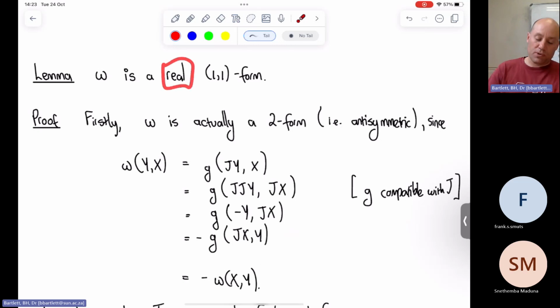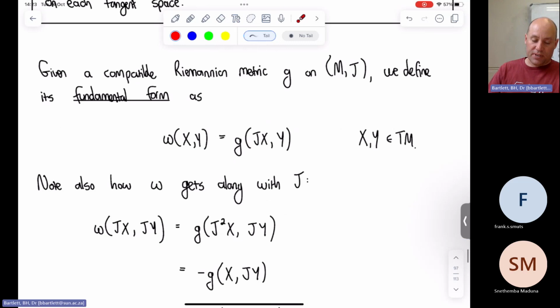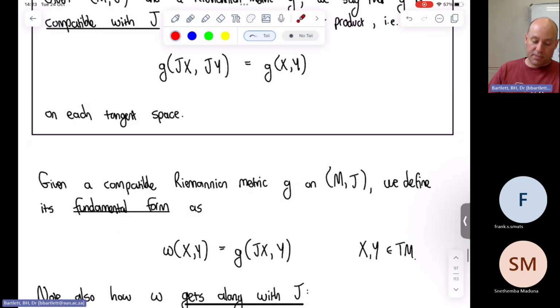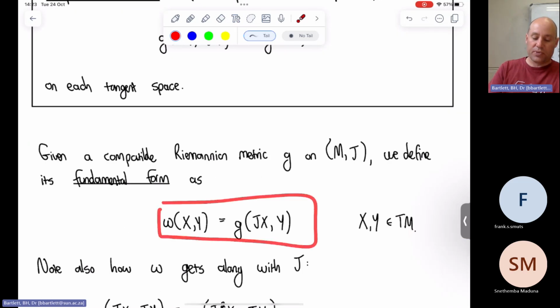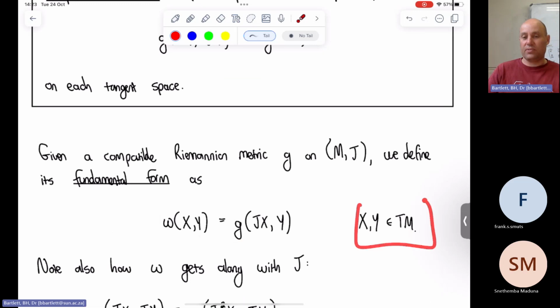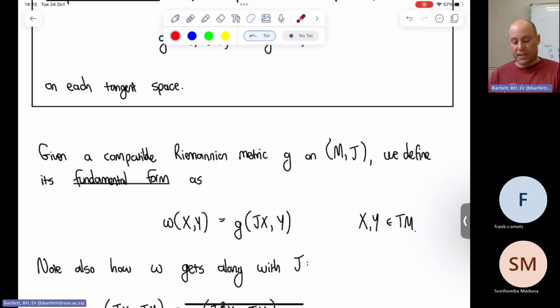Is it a real 2 form? Well, yes, because what's its definition? Definition of the 2 form is simply this. So it's clear that it's real valued, because I started off with 2 vectors in the real tangent space. This is the real tangent space here. I have calculated a number which is real, because to calculate it, I just have to apply g, which is real valued, to these 2 vectors, which are, again, in the tangent space.